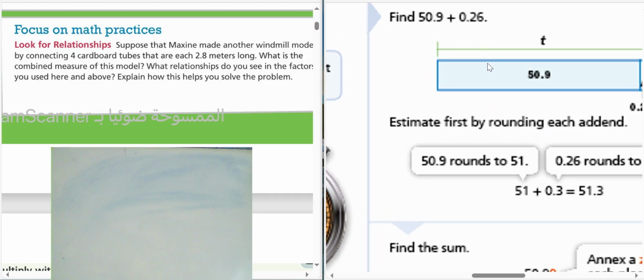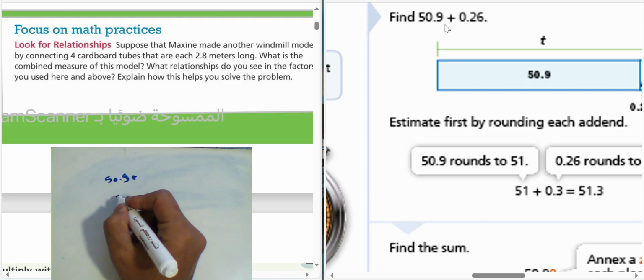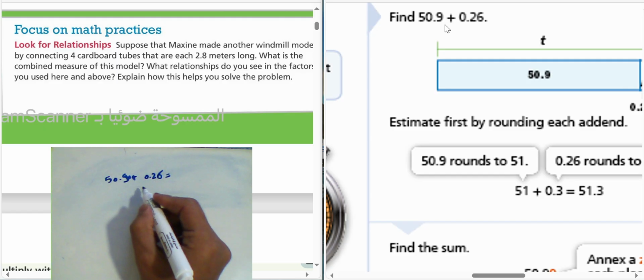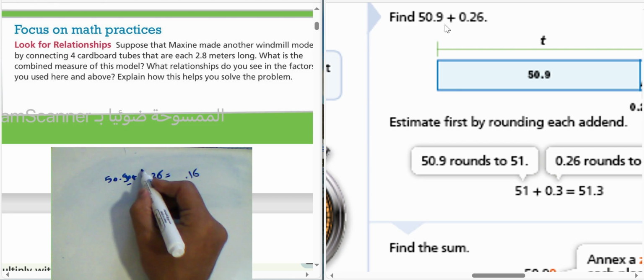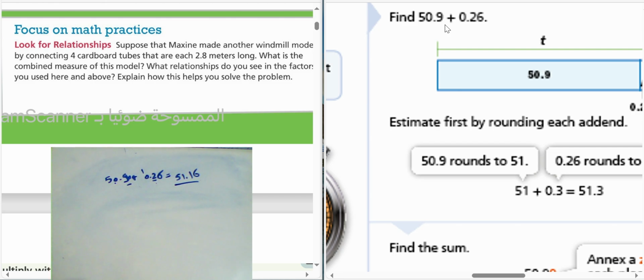If you must add two numbers, we must write 0 to the right side, equal parts, write 50 and 9 tenths, and 26 hundredths. We must put 0 here and equal 6 plus 0 equals 6, 2 plus 9 is 11, 1 and carry up 1, 1 plus 0 equals 1, and write 5. The result will be 51 and 16 hundredths.